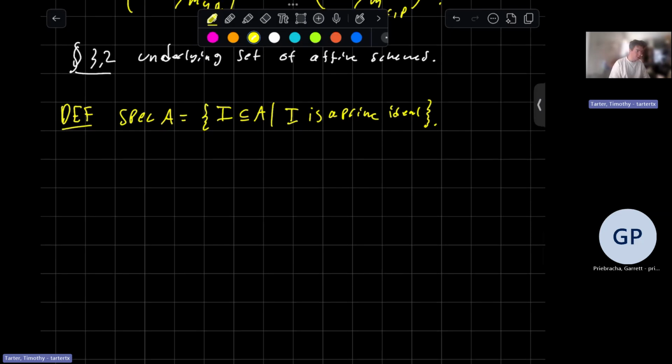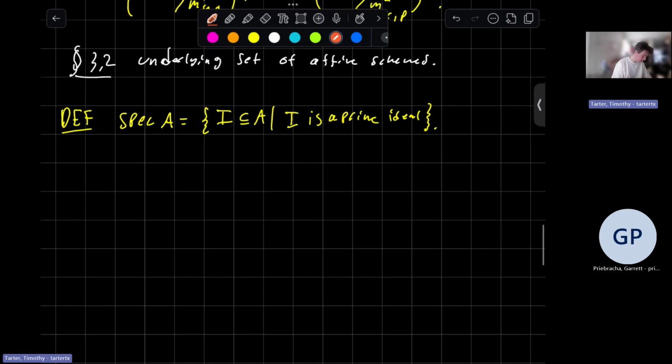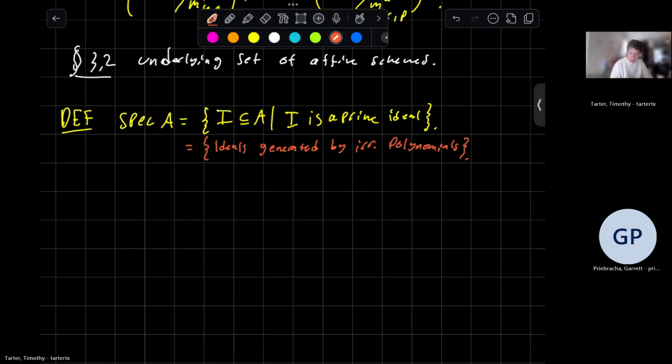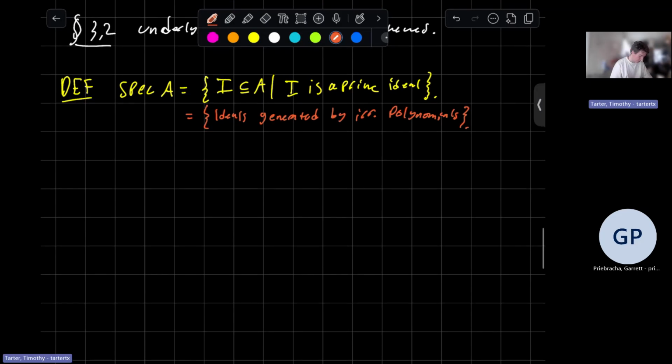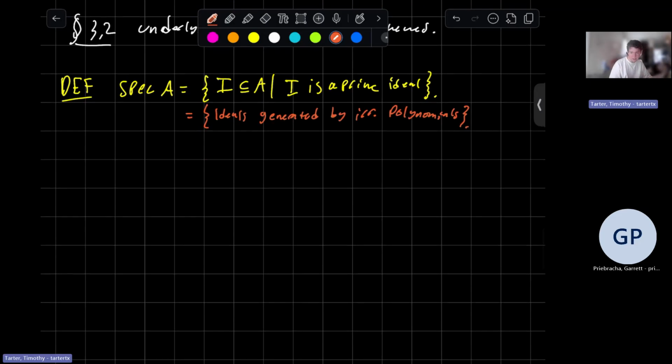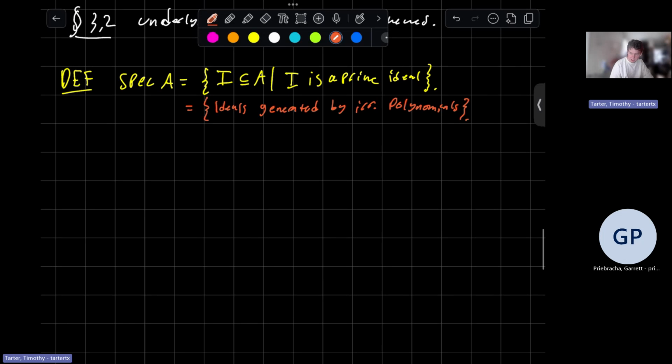In polynomial rings, it's more interesting because you associate this to irreducible polynomials, right? And so really what we're saying is that spec A is the set of ideals generated by irreducible polynomials. So, set of prime ideals, ideals generated by irreducible polynomials.